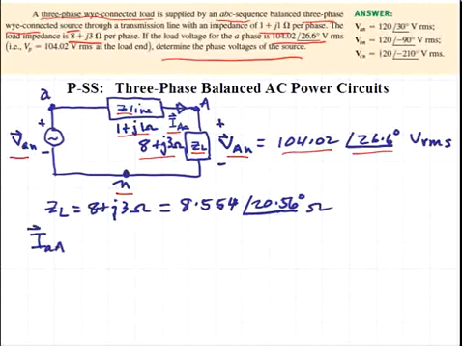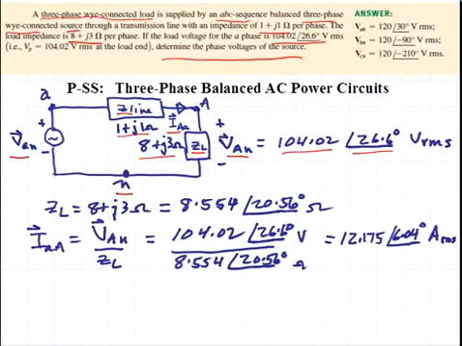I sub A is equal to the VAN of the load divided by the impedance of the load. This will be equal to 104.02, and in polar form the answer will be 12.175 at an angle of 6.04 degrees amps RMS. So we have the phase current I sub A there.